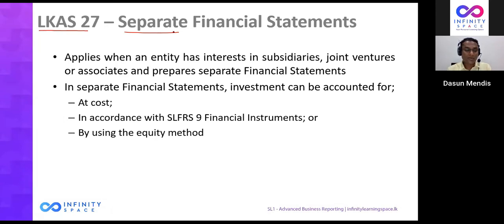What it says is, when an entity prepares its separate financial statements, if they have an investment in a subsidiary, joint venture, or associate, this investment can be recorded using any of these three measures. It can be recorded at cost. It can be recorded as per SL1 9, the financial instrument standard, at fair value, where the fair value gains and losses may be recognized in other comprehensive income. Or else, in the separate financial statements, it can be equity accounted.